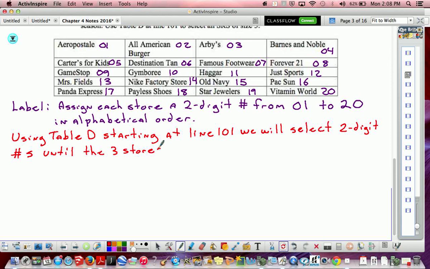Well, actually, I don't want to say that yet. Sorry, I get ahead of myself sometimes on these. Well, that's why you can cross it out or erase it. Two-digit numbers from 01 to 20.